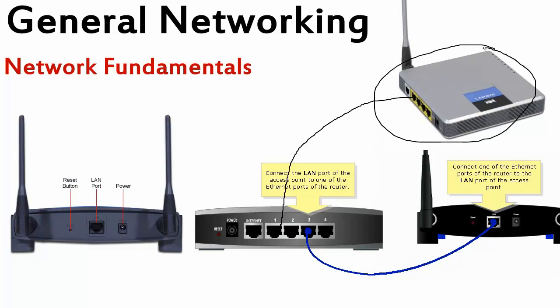Even though this is a router, it can work as an access point. Be very careful, you will have to disable a few things on it, for instance DHCP server. We'll talk about it. I have a demo prepared for you. You will see that in action later on. Yes, it is possible to use a router with an access point to give you wireless connections.